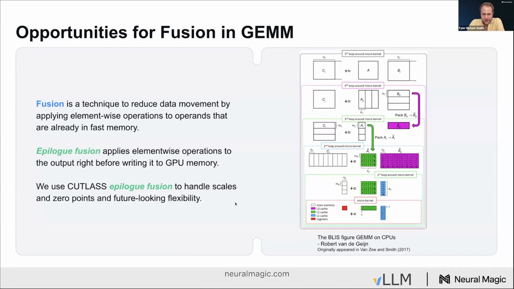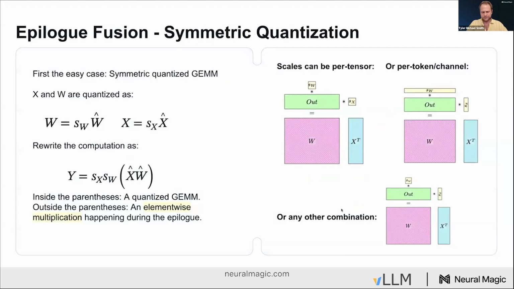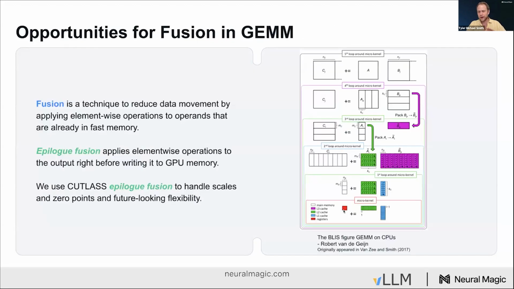Epilogue fusion, as it turns out, works really well. It's the easiest, most efficient place to fuse. That ends up being the case because while the output is still in registers, you can apply operations to it. It's very small, so these are essentially free. You're not even loading them from cache.